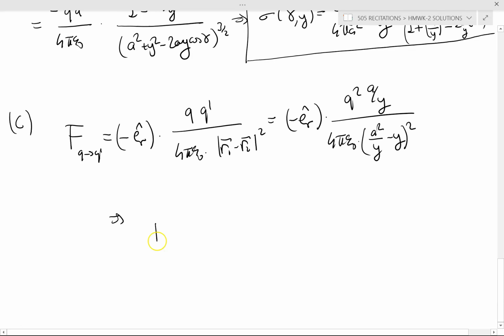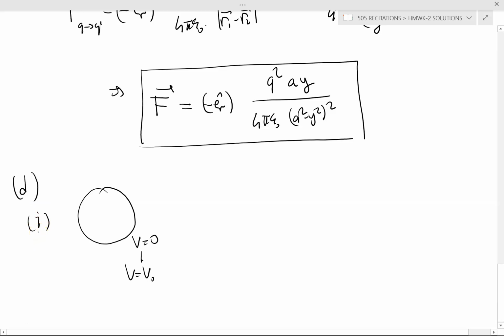As a last discussion on the D part, we were asked to find, if instead of the sphere being at constant zero potential, let's assume it to be V equal to V0. But the idea for this part is the following. In classical electromagnetism, the potential value itself can be shifted, and it does not make any difference in physical reality.